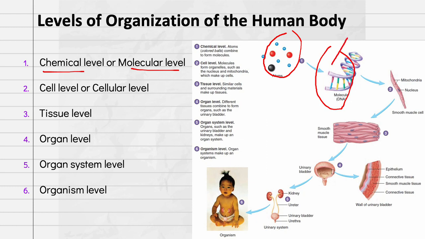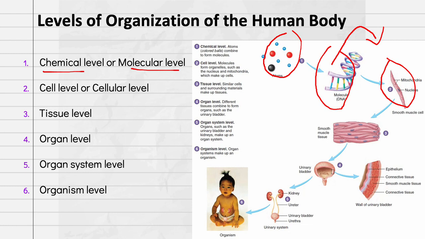And then these molecules will join together to make organelles. And the organelles will come together in a bag of potassium. These are known as cells. Cells are nothing but bags of potassium containing the organelles, and these organelles are made up of macromolecules, different molecules.